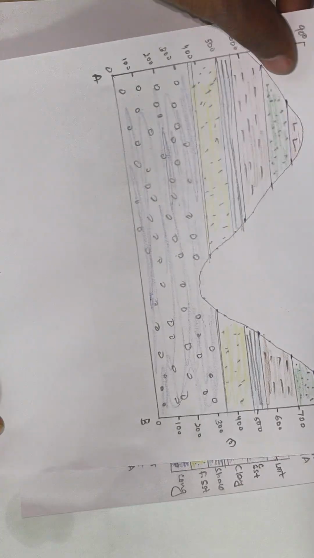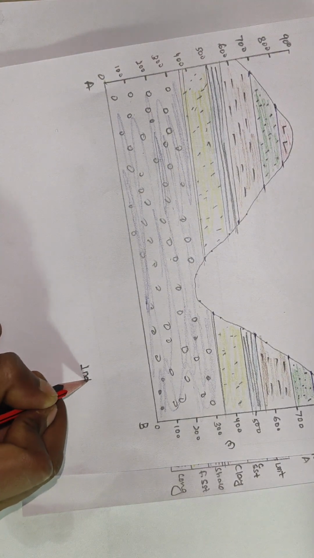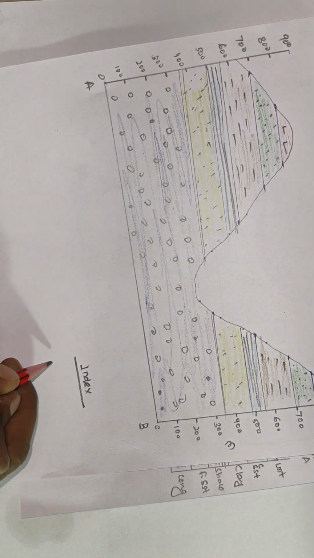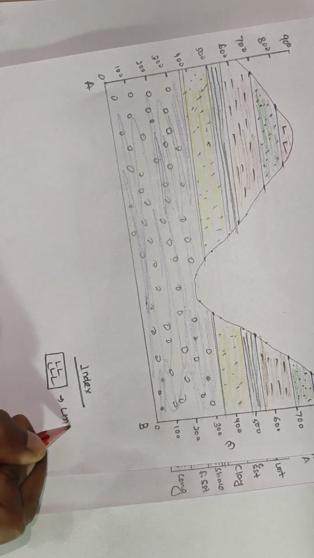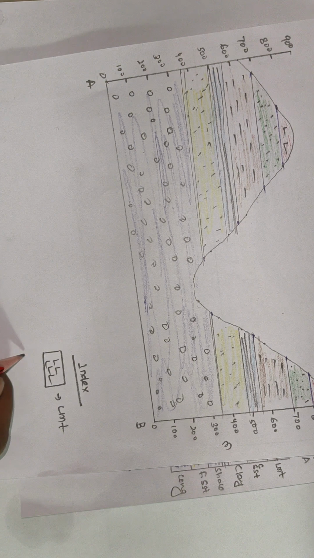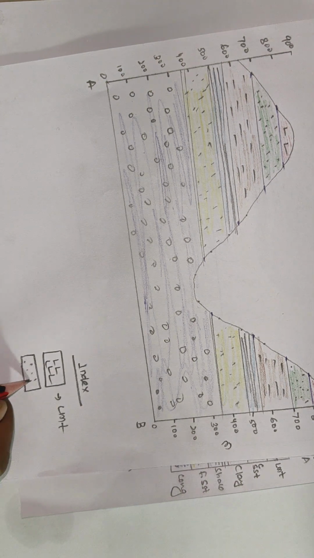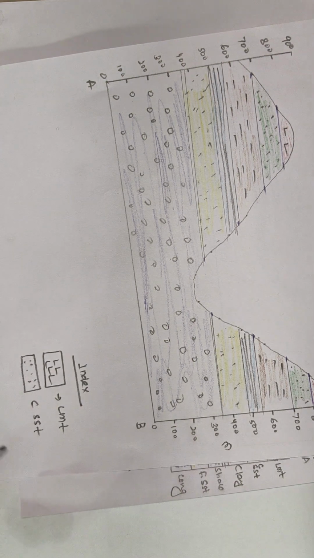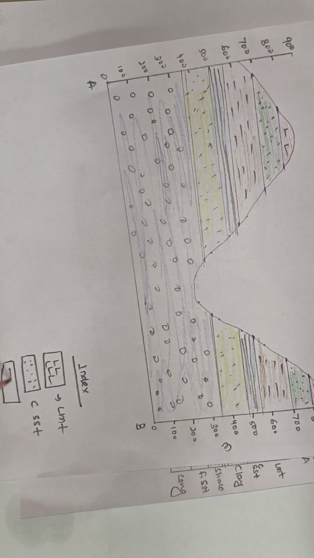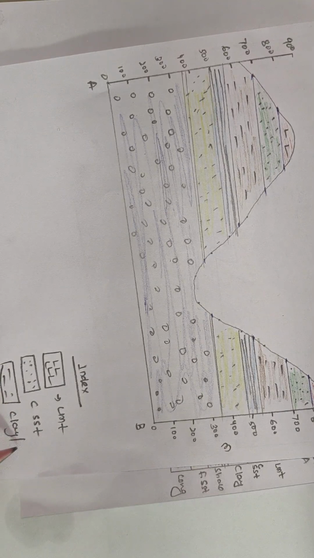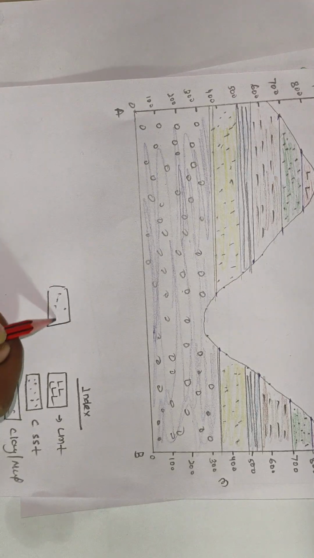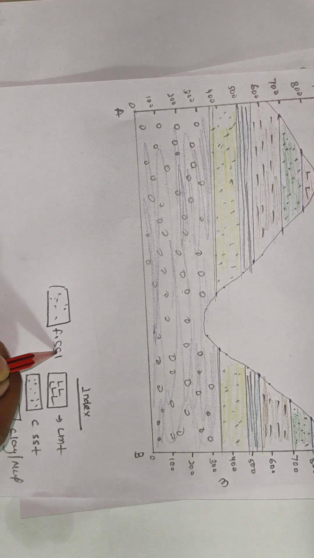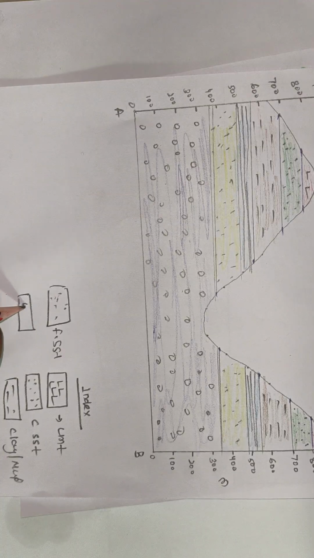Now you can draw an index indicating limestone, coarse sandstone, clay or mud, fine sandstone, and conglomerate.